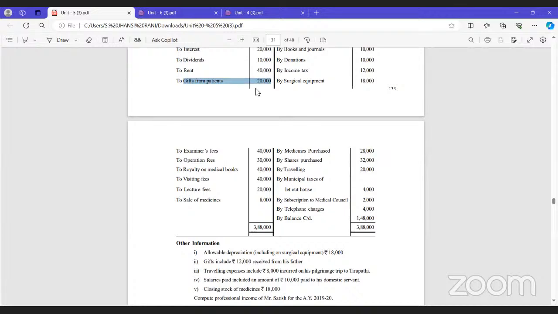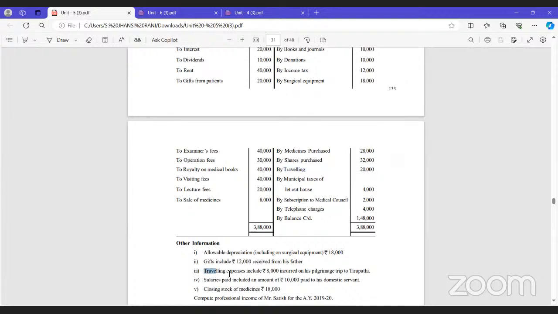It's not 20,000. Next, look at your traveling expenses. Traveling is a business or professional payment, because as a doctor I will be moving from one place to another for consultancy or other things related to my profession. But what is it telling here?